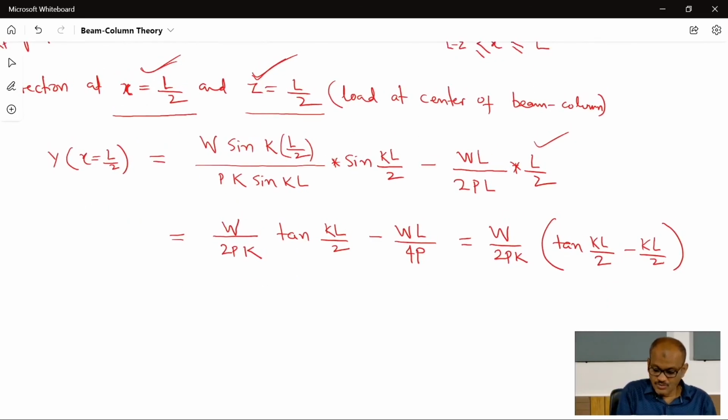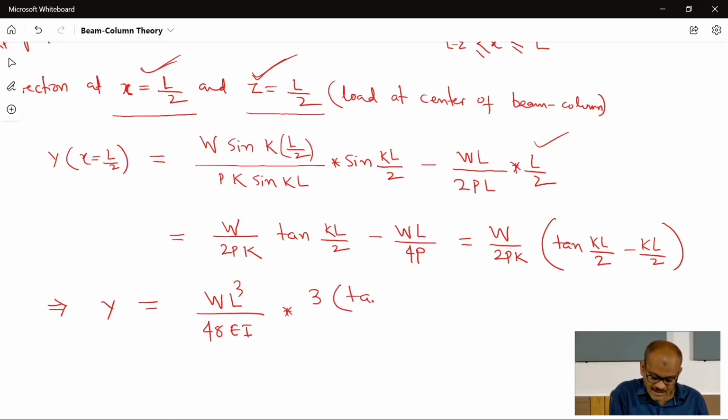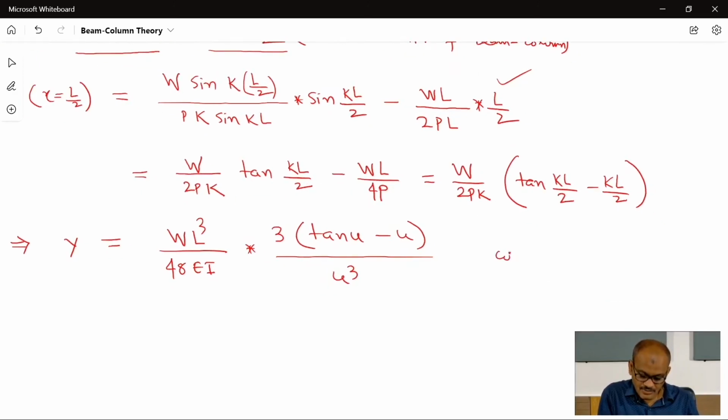This implies y is equal to WL cubed divided by 48 EI into 3 of tan U minus U divided by U cubed, where U is equal to kL by 2.